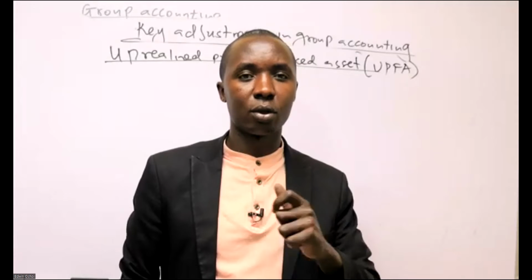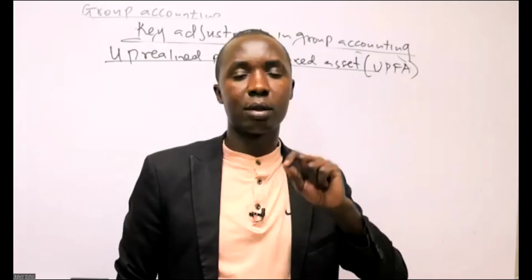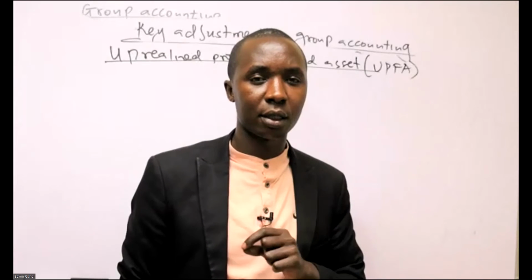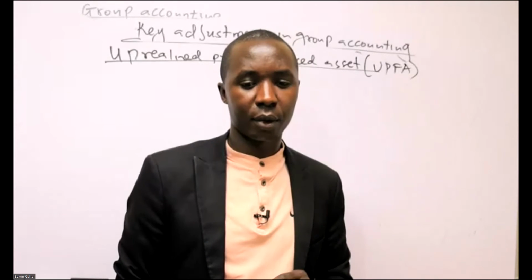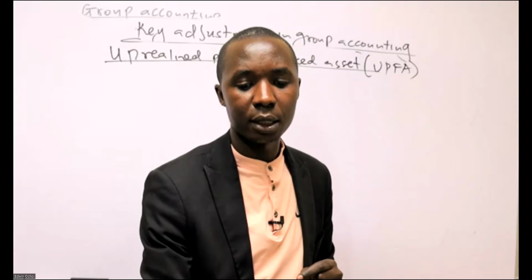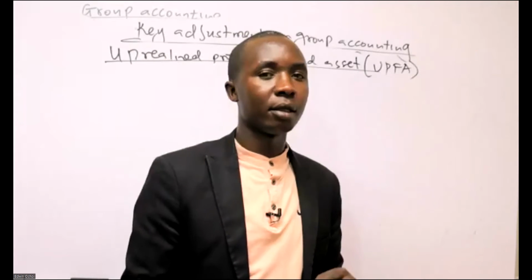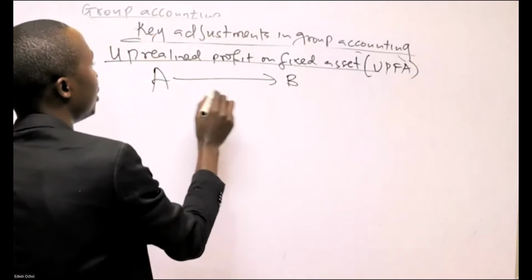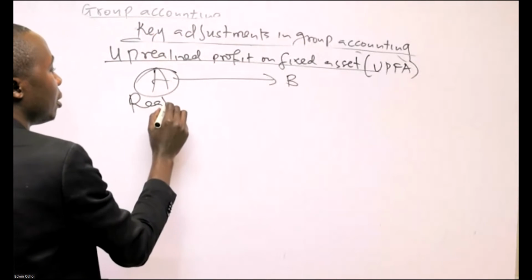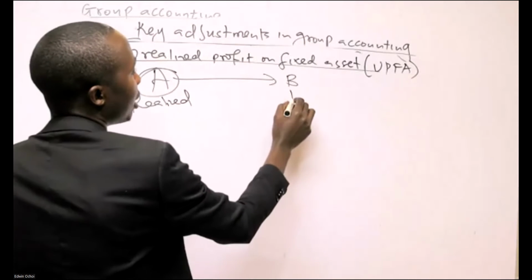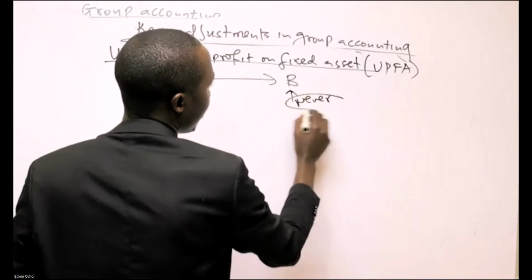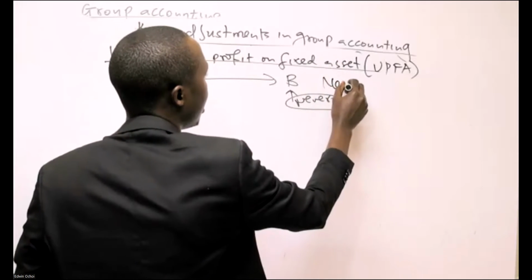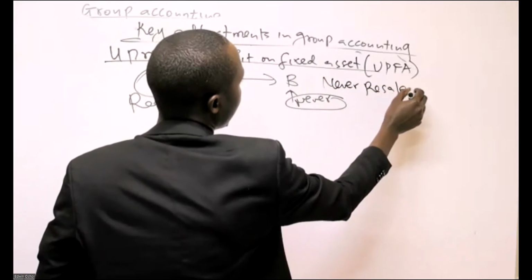When a fixed asset is sold at a profit to the subsidiary, that subsidiary which receives the fixed asset will never resell it. The fixed asset is not meant for resale. Meaning that if A, the parent, transferred that fixed asset to B at a profit, A realized the profit, but B will never realize the profit because he will never resell that fixed asset.